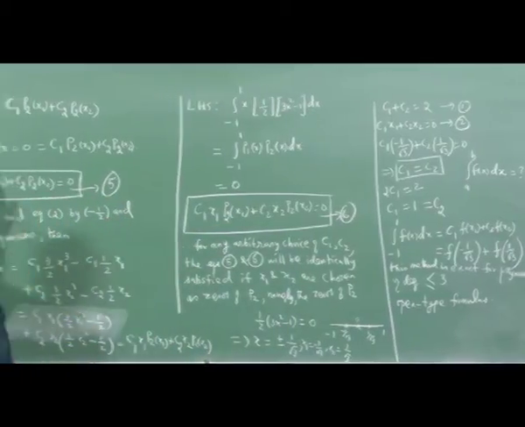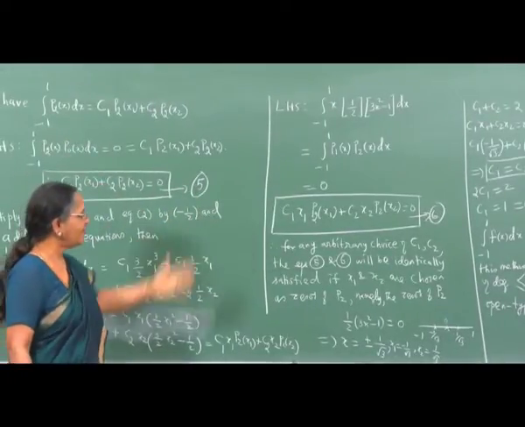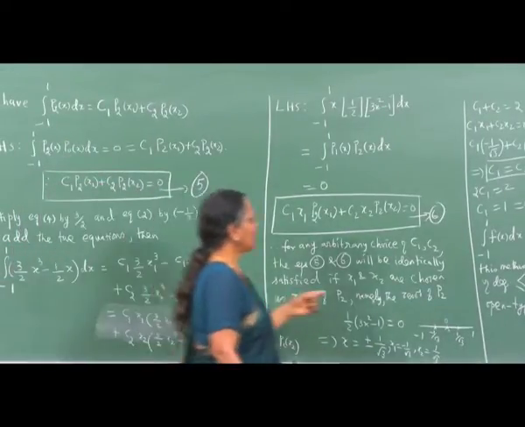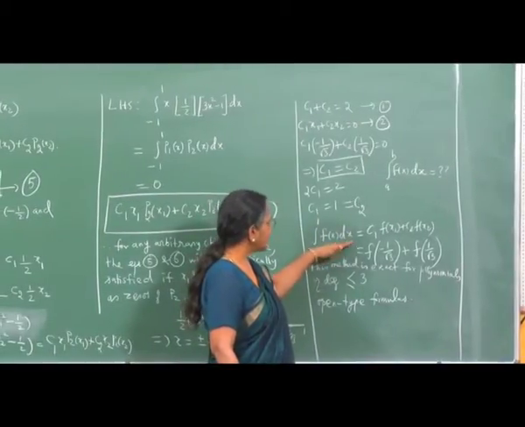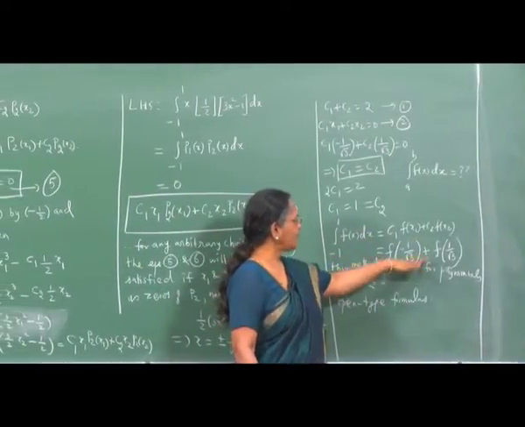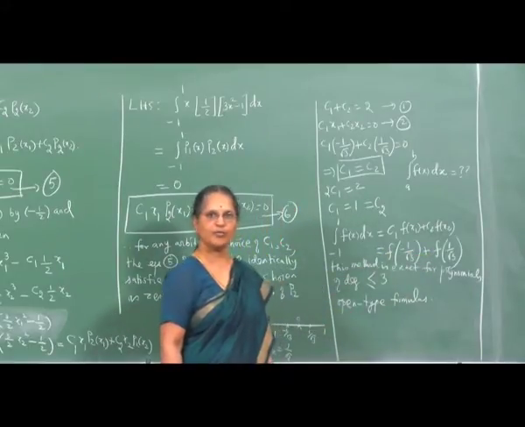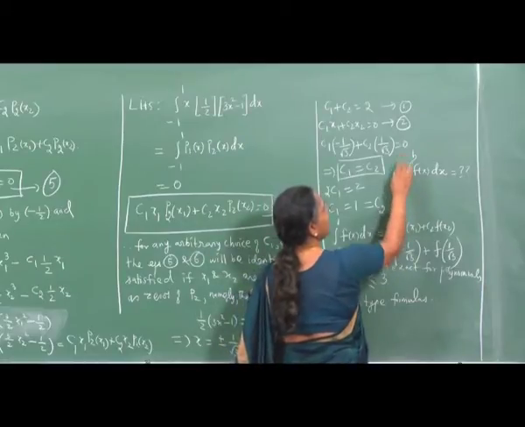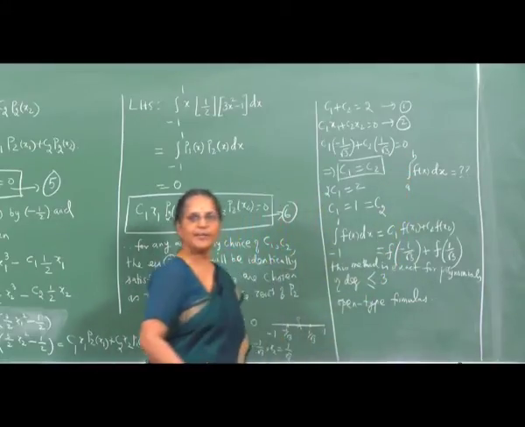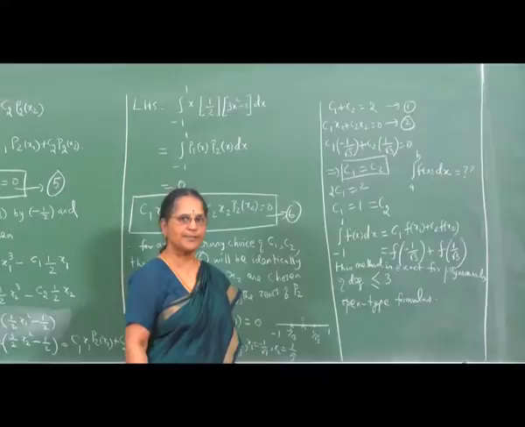We observe that we have derived this method where an integral of the form integral minus 1 to 1 f of x dx is expressed as f at minus 1 by root 3 plus f at 1 by root 3. But the given problem involves limits as a and b, where a and b need not be minus 1 and 1 respectively.